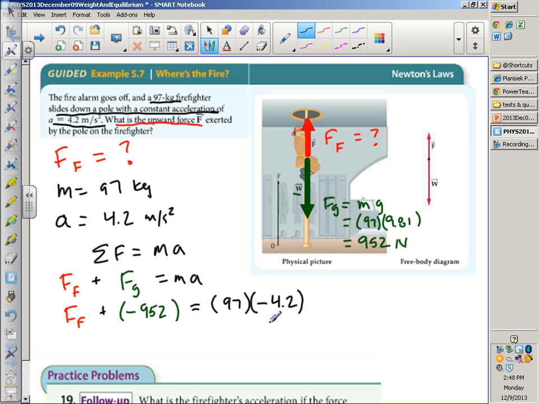Now, does that mean that the firefighter is slowing down because he has negative acceleration? No, it just means what? Downward direction. So now, it's just a matter of solving for F of F, the frictional force that is acting on the firefighter.